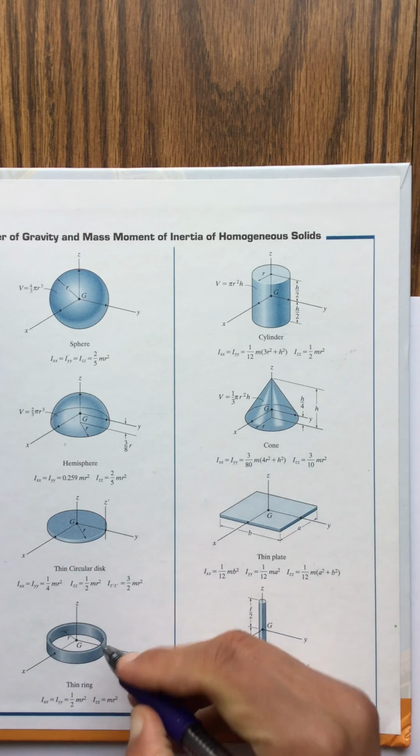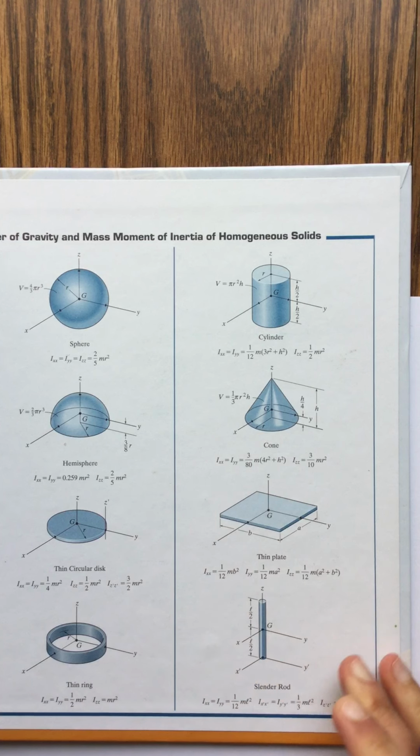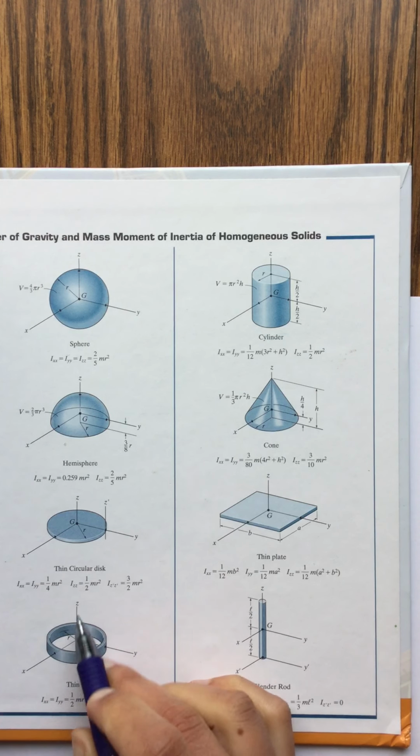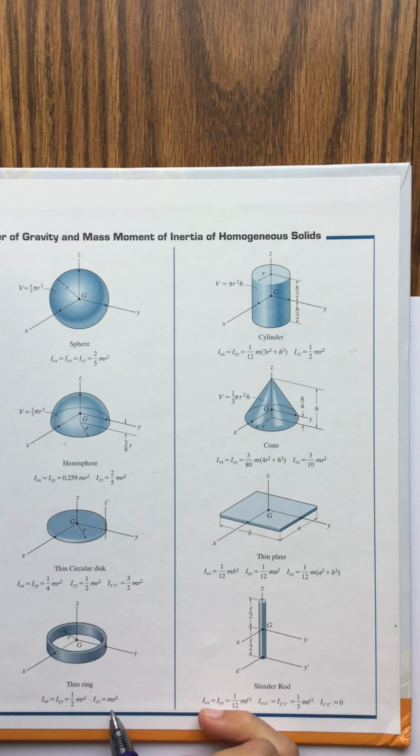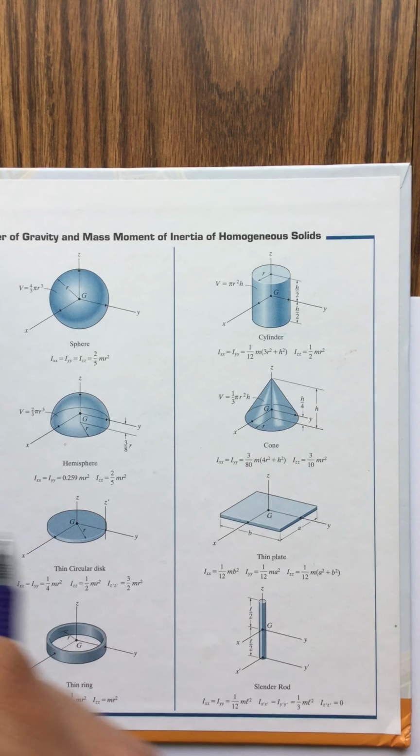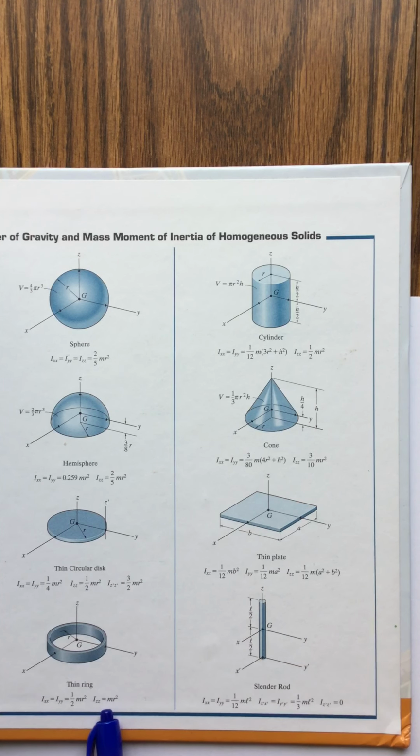So for the thin ring, its height here doesn't matter. You would still get about the z-axis going through the mass center, a moment of inertia of mr squared, because all of the mass is a distance r from the z-axis.